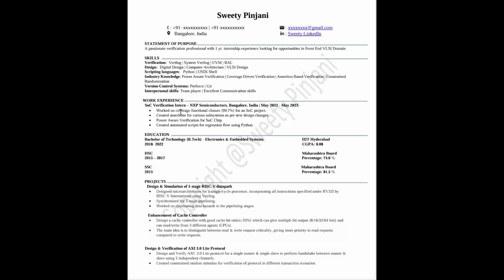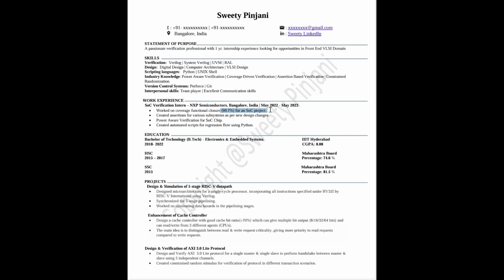How? This person has worked on coverage. Which coverage? Functional coverage. And what has this person achieved? 99.7%. It is a very good percentage. This person has achieved 99.7% coverage. This is not company confidential, how much coverage you have achieved. Why?